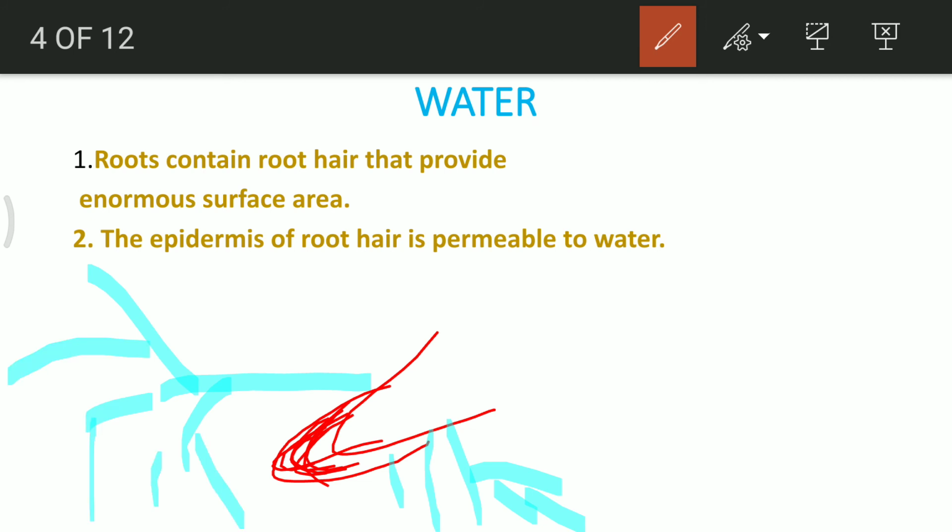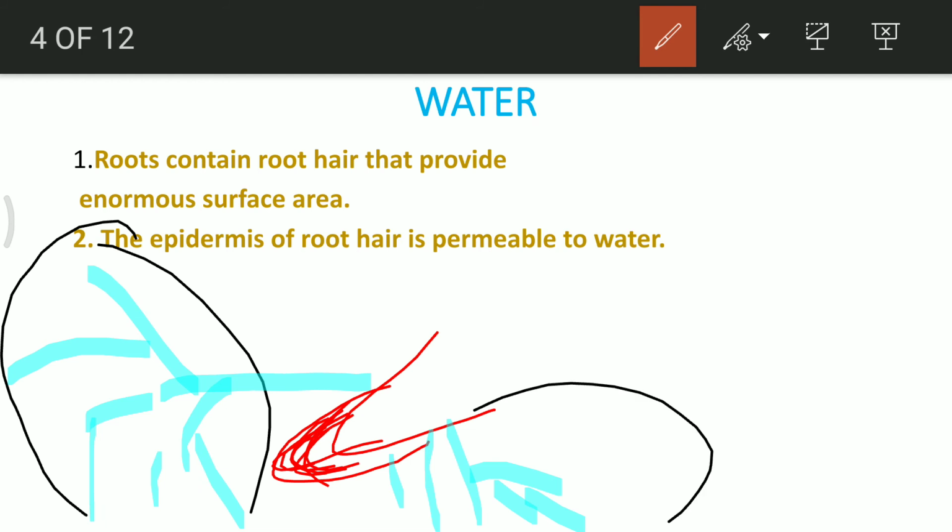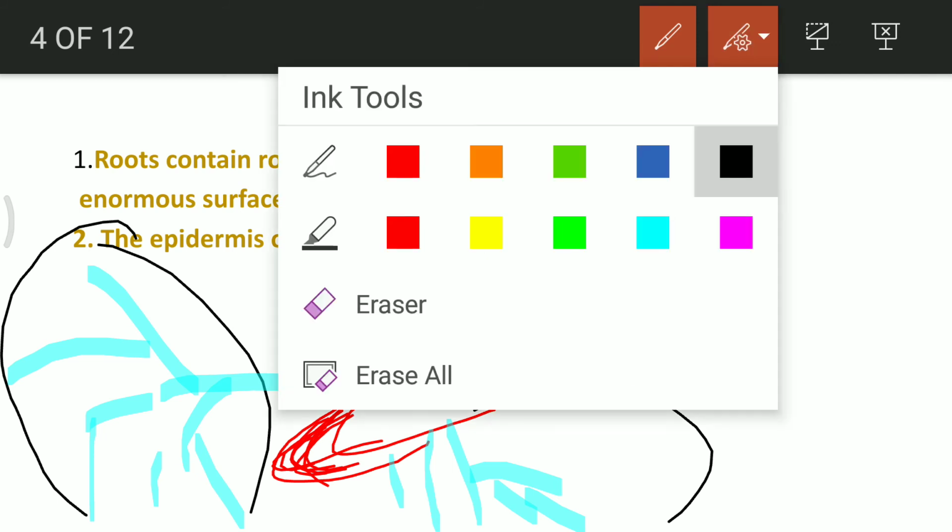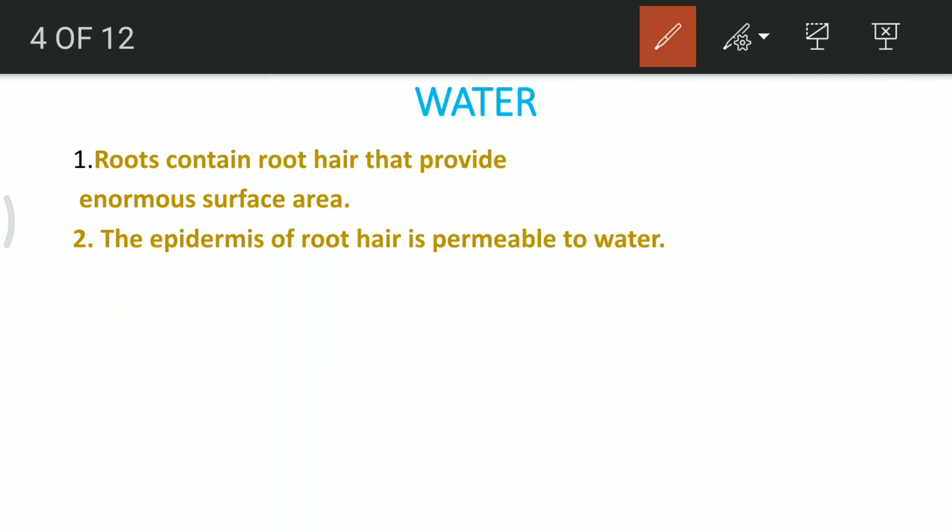Because of this, the surface area it is covering is enormous, and as the surface area increases, more water is absorbed, and along with it, a lot of minerals are also absorbed. So that's why it is important.